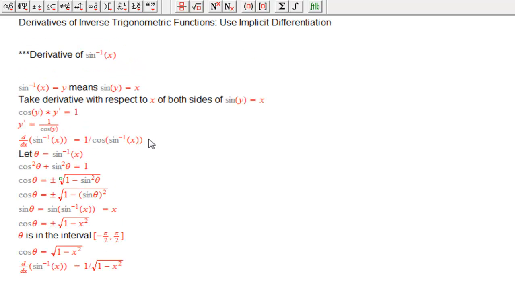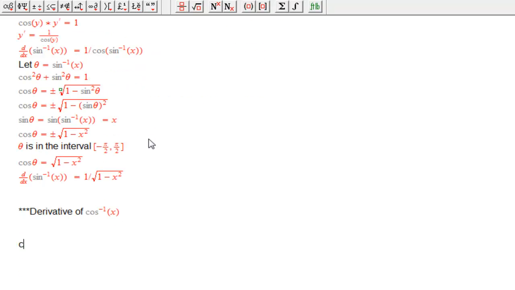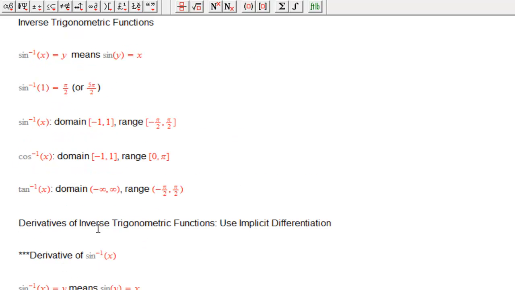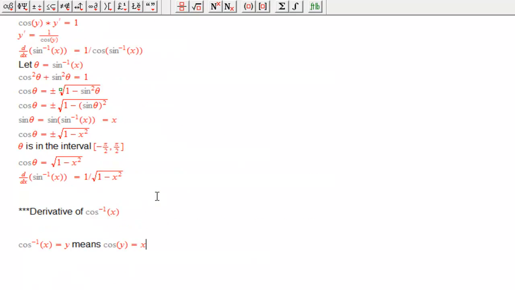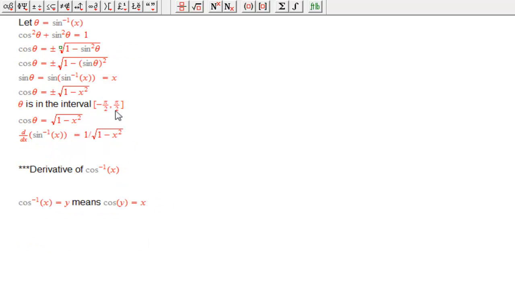If we let that be equal to y, then that means that cosine of y is equal to x. And furthermore, it means that y has to be in the interval 0 to pi, which we'll use later on, just like we did up here.